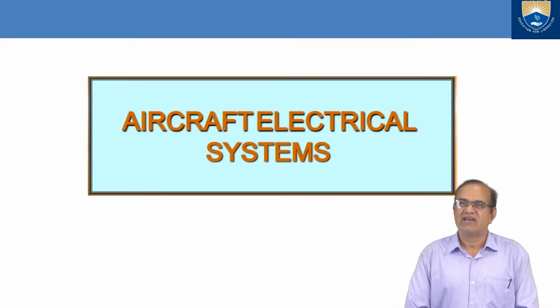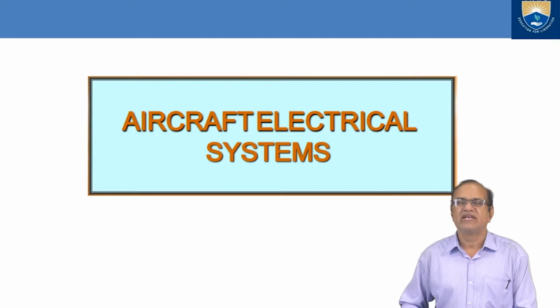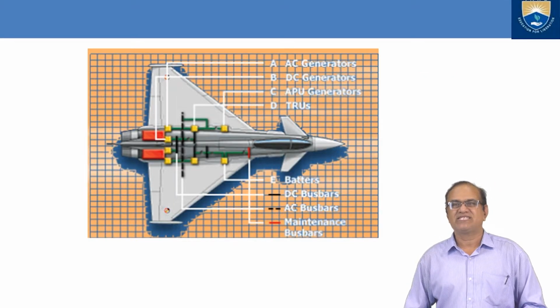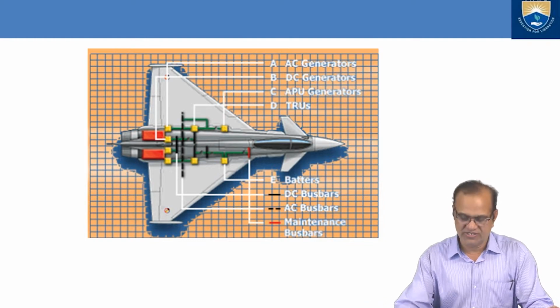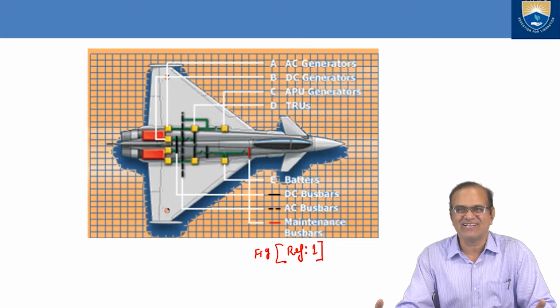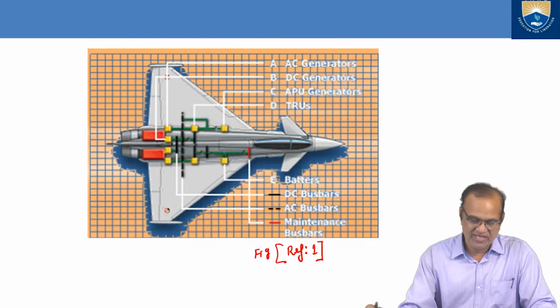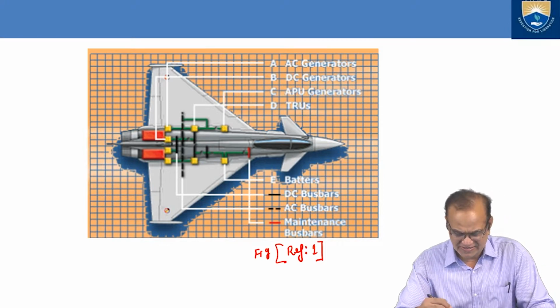So, aircraft electrical systems I am going to discuss here, and you can see here just a block diagram of different types of electrical systems and their location. This is the aircraft.